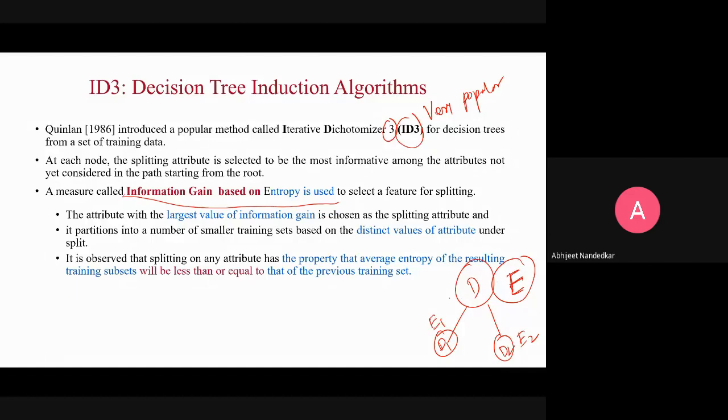So the average entropy at this level is either equal to E or less than E. So E is greater than or equal to, say, E1 plus E2, some average.